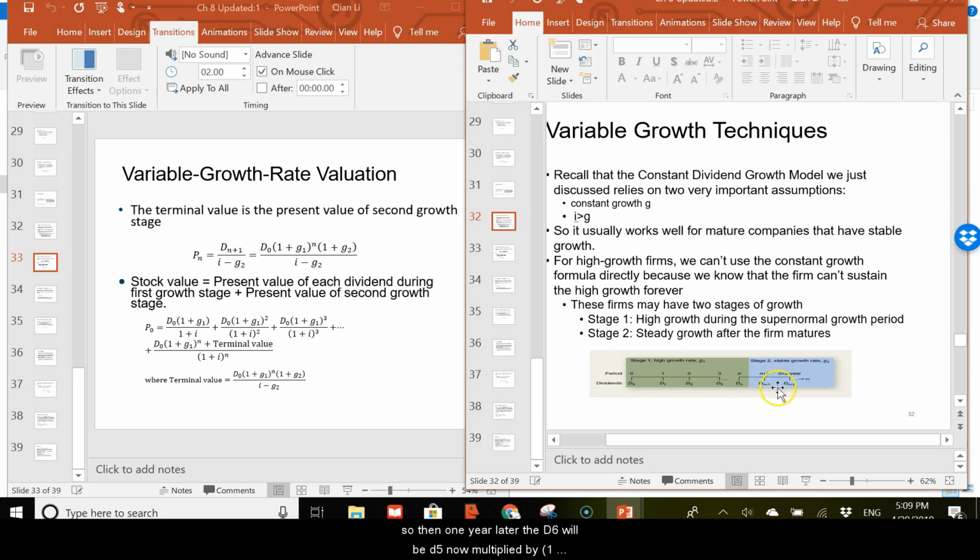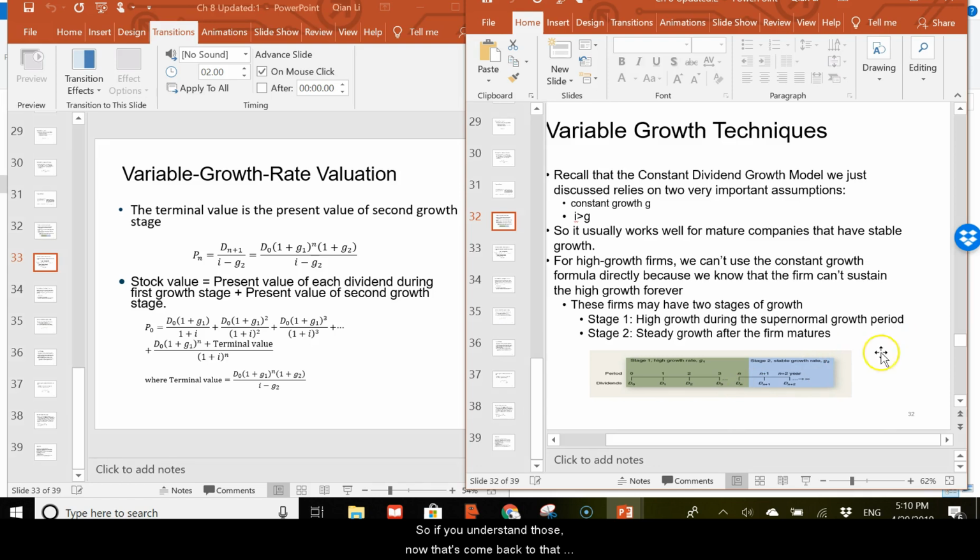Then 1 year later, D6 will be D5 multiplied by 1 plus G2. Then if you think about the first couple of years, or say first n years, all high growth rate of G1, you can imagine Dn is actually D0 multiplied by 1 plus G1 to the power of n. And D(n+1) will be Dn multiplied by 1 plus G2.